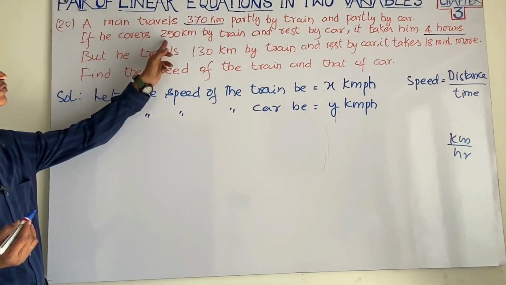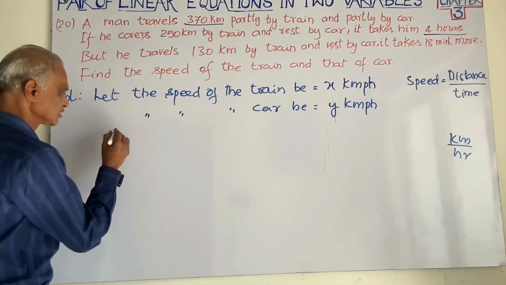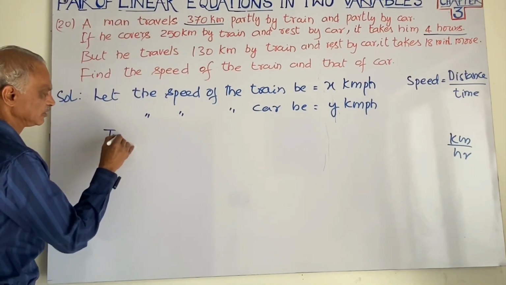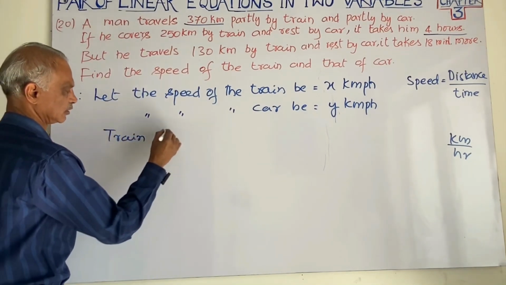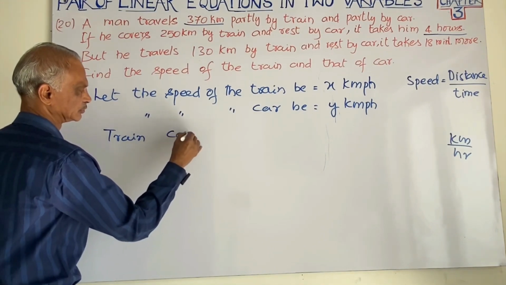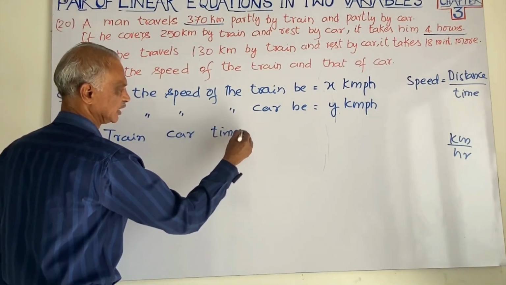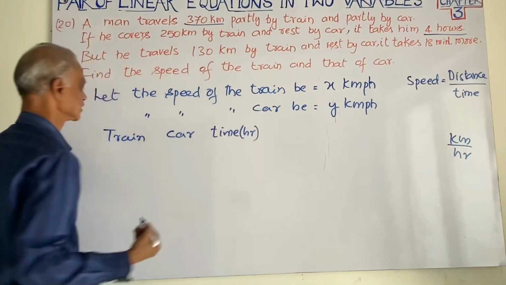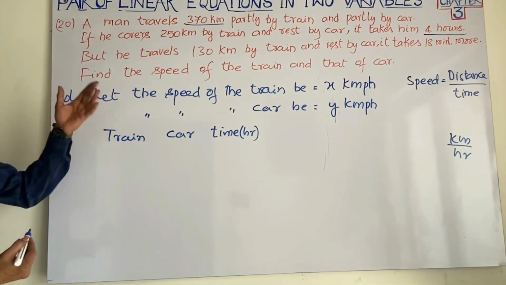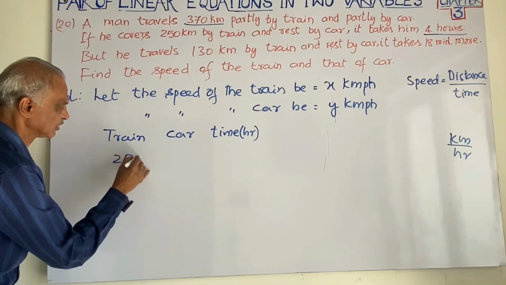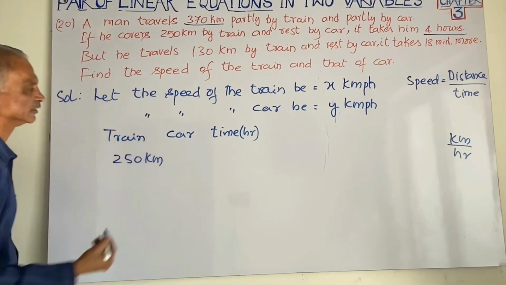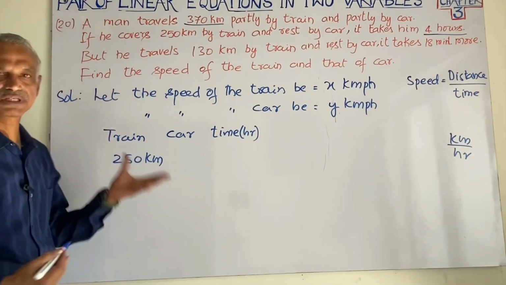He covers 250 kilometers by train. First you take like this: train, car. Time. What is the time, in hours? See, the train is 250 kilometers and the total is 370 kilometers.